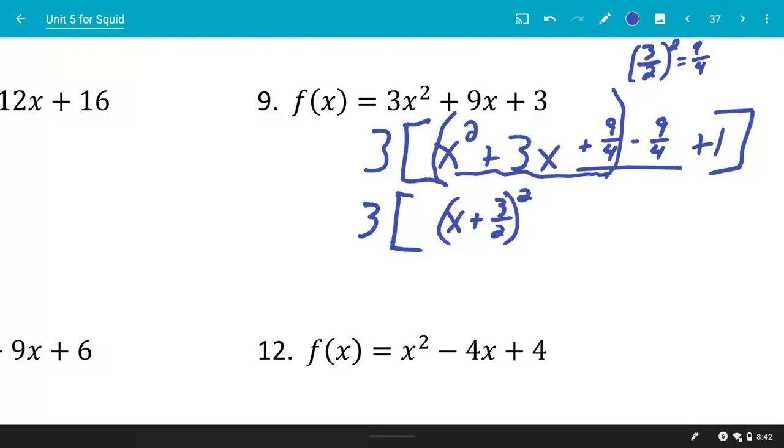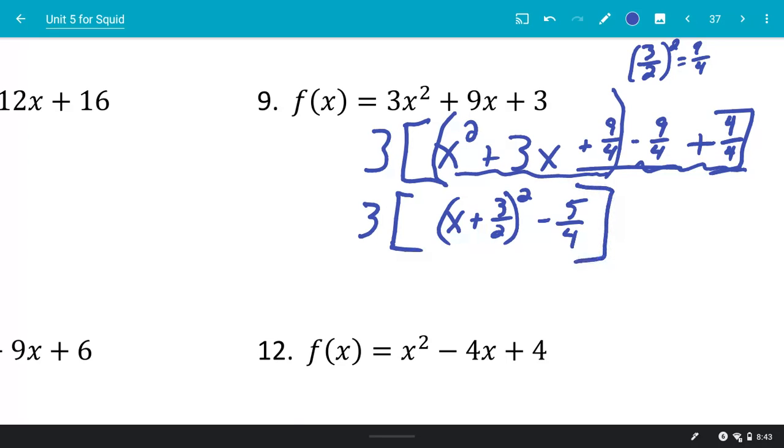And now I have to add these 2 like terms. Well, on the end, those like terms have to have a common denominator before I can add them, right? So what would my common denominator be? 4. So let's change that 1 to be 4/4. Is that cool? Sure. Negative 9/4 plus 4/4 is a negative 5/4.